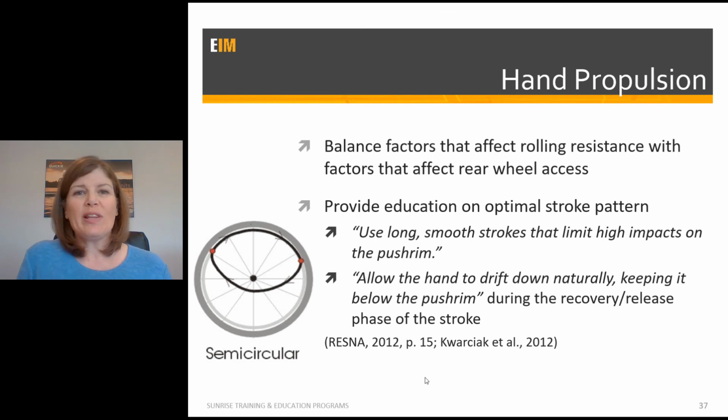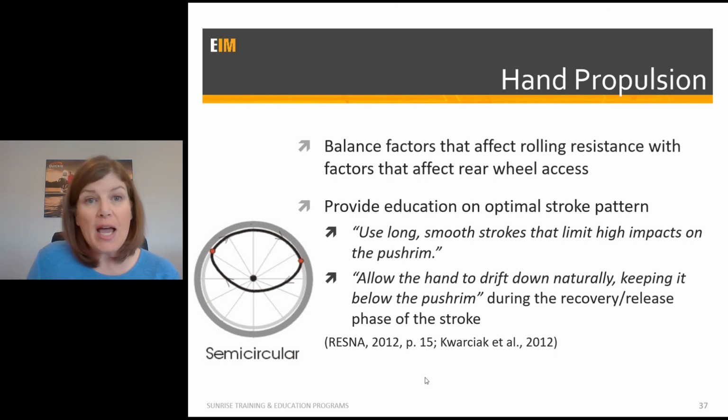What was found when an analysis of different stroke types was done was that really we want to encourage clients to use a long, smooth stroke that's really going to limit any high impact on the hand rim. And when an individual is propelling using their hands or a hand and a foot, then we want to make sure that the client has a recovery phase.